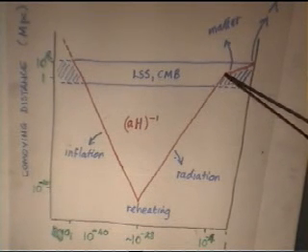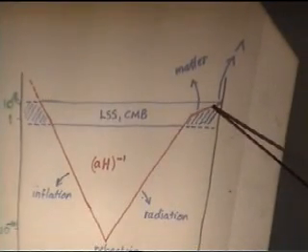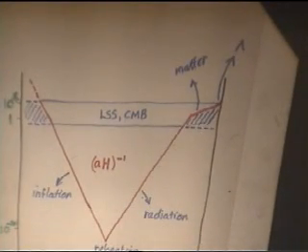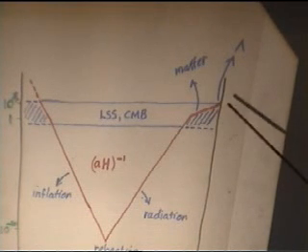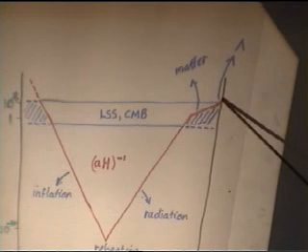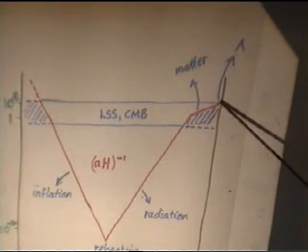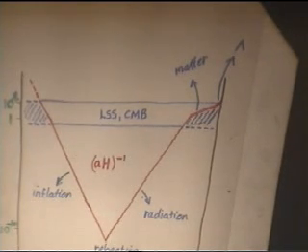Then you get matter taking over, so it starts going like a straight line with slope a half. As the cosmological constant starts to dominate, there's going to be another period of inflation, so it actually starts dropping here. I ran out of space here, but it's going to start dropping again, but we'll forget about that for the moment.